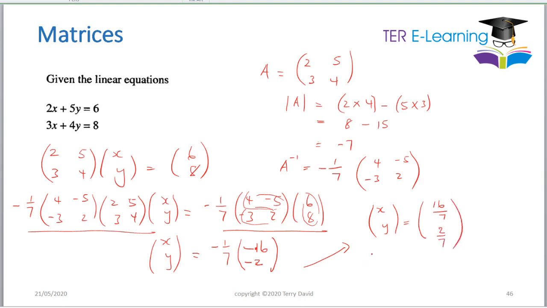So therefore my answers are x is equal to 16 over 7, which you can write as a mixed number if you want, or just leave it as that, and y is equal to 2 over 7. So this is how we solve a simultaneous equation using the matrix method.